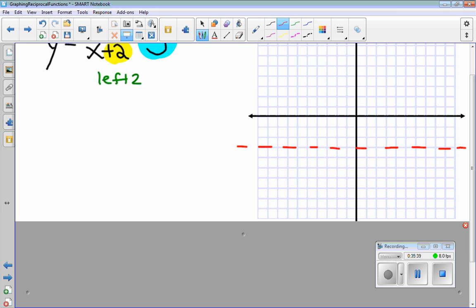That left 2 means those are my new asymptotes at -2. Remember, it started at 0, 0, right? The original function, the parent, had x equals 0 and y equals 0. It was the axis. So left 2, and I'm going to make a new asymptote, a new dotted line.